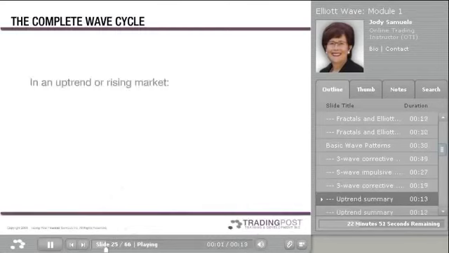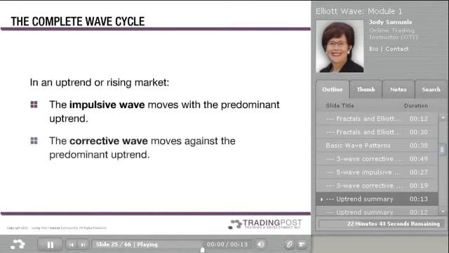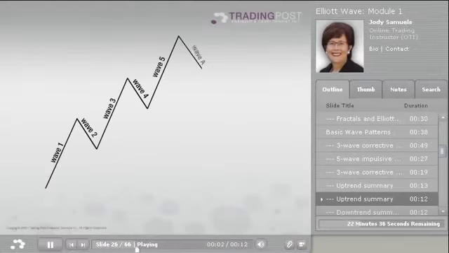In an uptrend or rising market, the impulsive wave moves with the predominant uptrend. The corrective wave moves against the predominant uptrend. Can you spot the impulsive and corrective waves in this uprising trend?